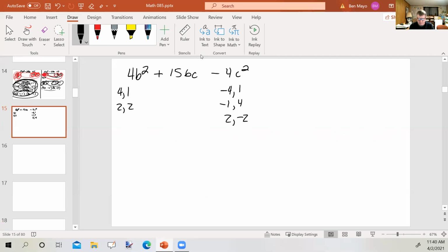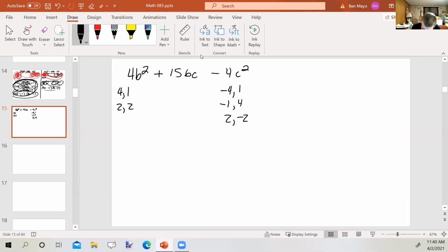All right. So we need to take one of the first numbers times one of the second numbers plus the other of the first times the other of the second until we come up with a plus 15. Okay.